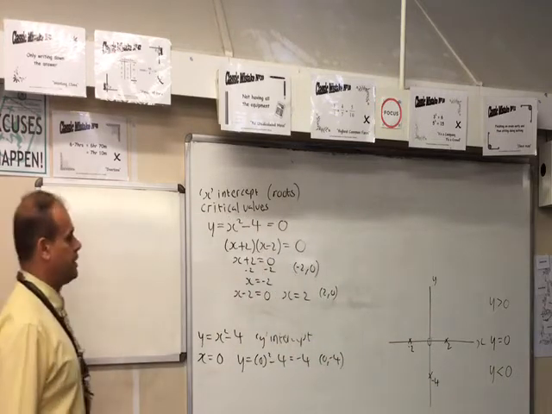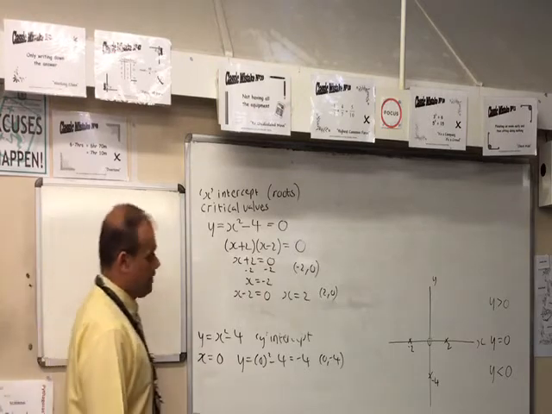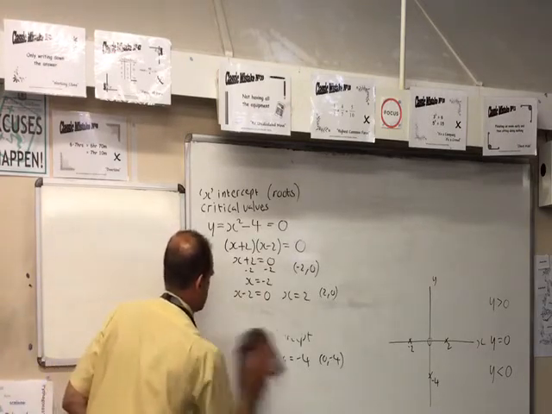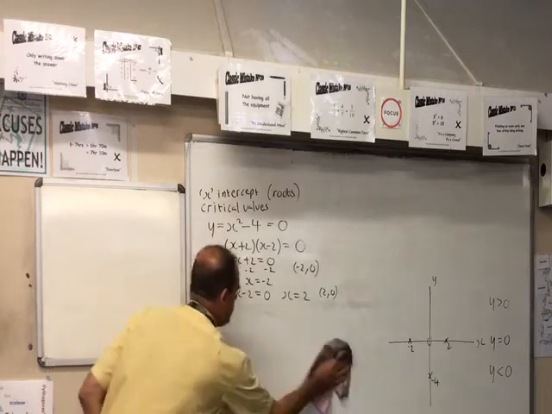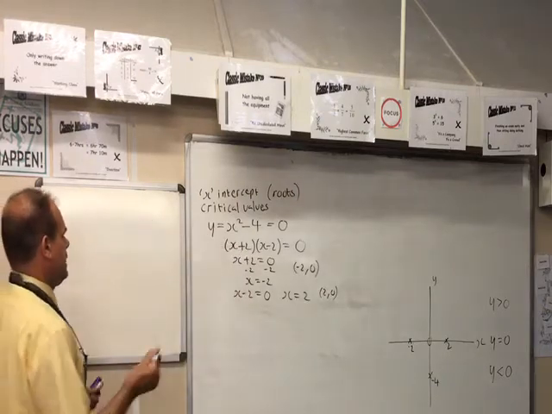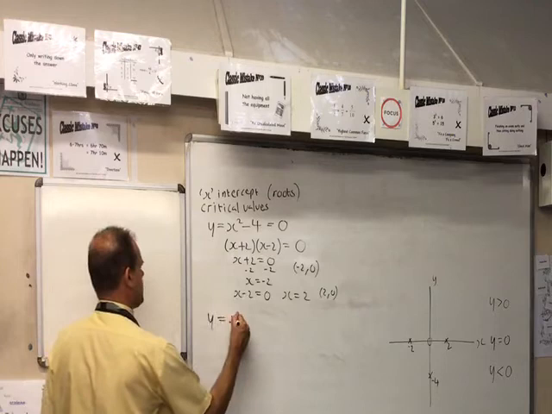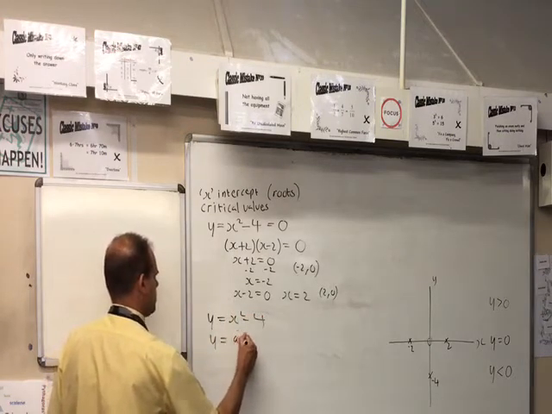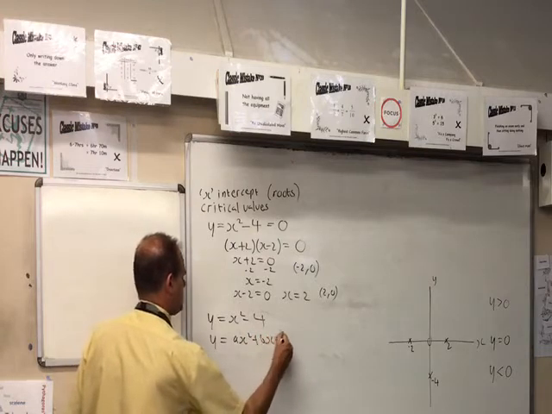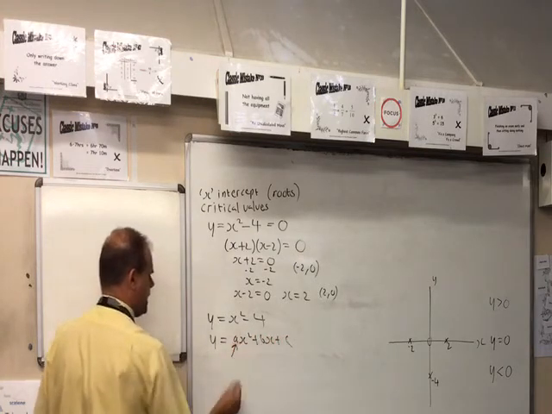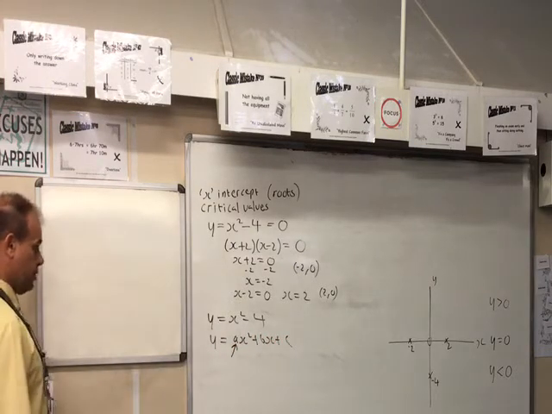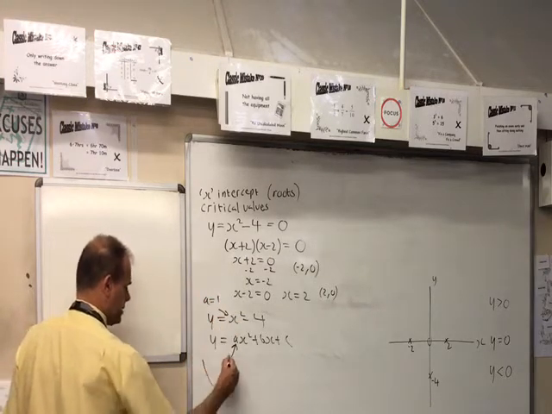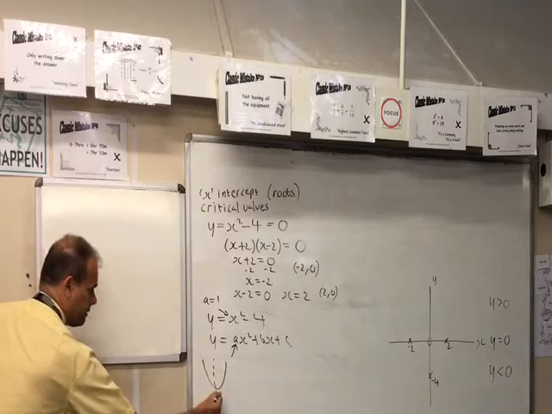Now, I already said earlier that I'll just rub that bit off here. I said that if you've got the graph of y equals x squared minus 4, it's ax squared plus bx plus c. If the number in front of it there is bigger than naught, which is there, you can see the a value there is 1, then you're going to get the classic U-shaped graph with a line of symmetry down the middle.